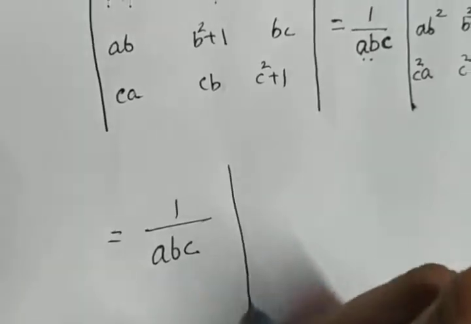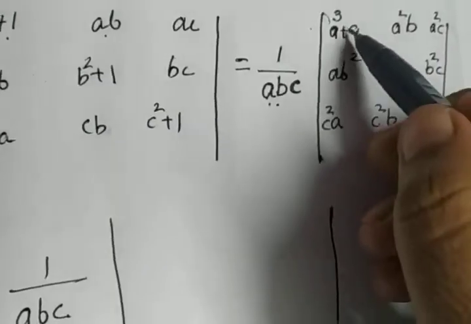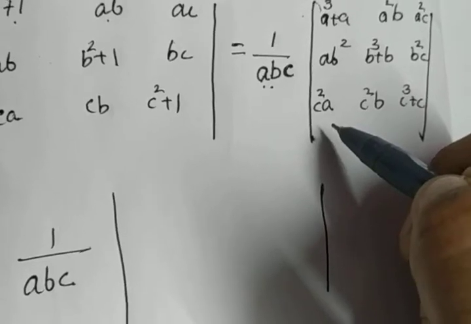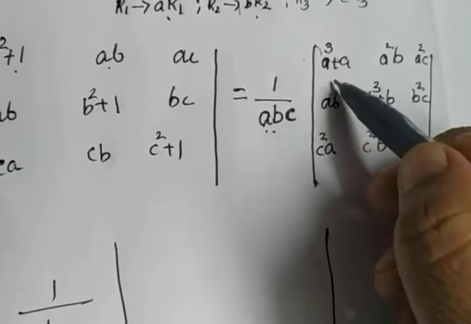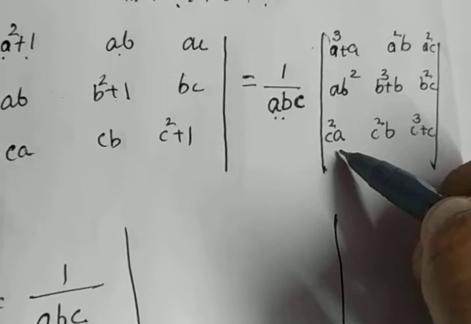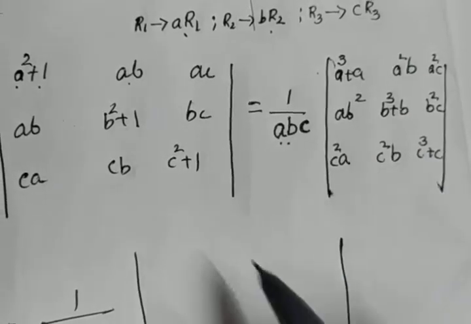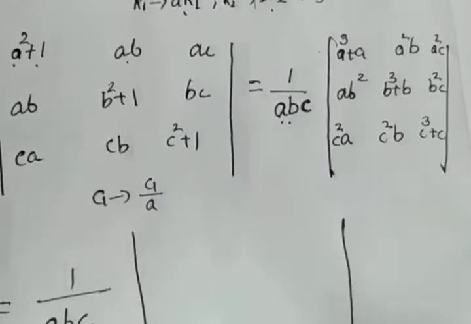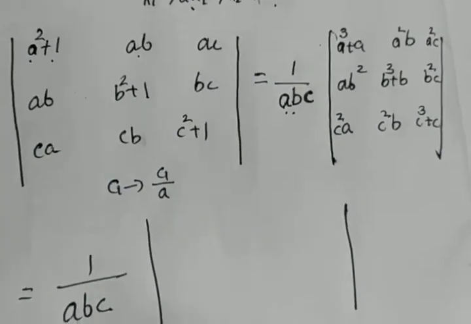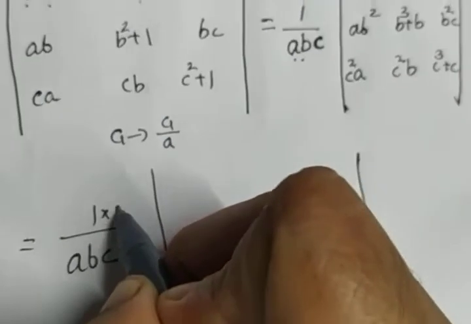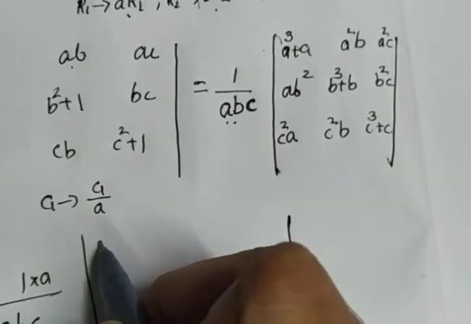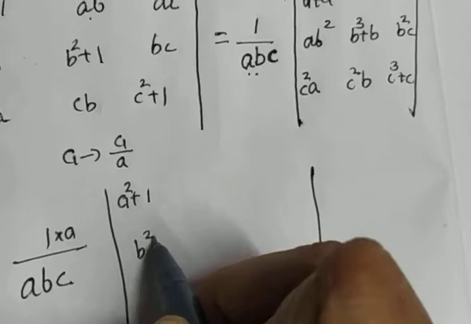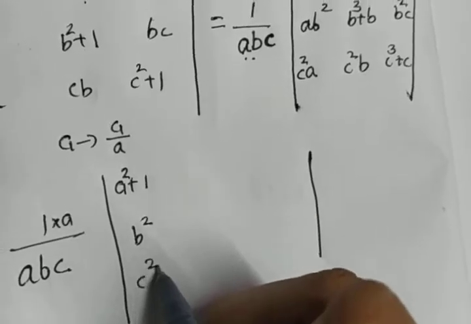The next step is to look at the columns. In the first column a is common, so I am going to take that a outside. The transformation is C1 changes to C1 by a. First column becomes a square plus 1, b square, c square.